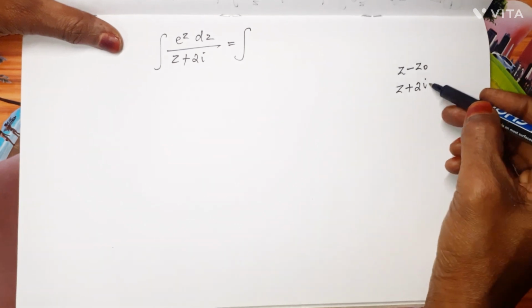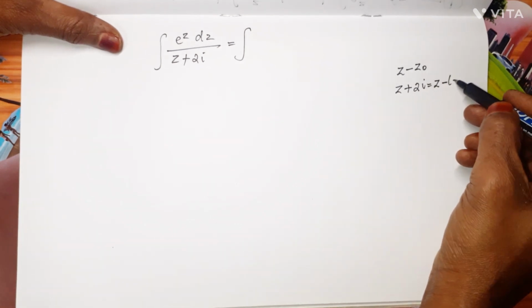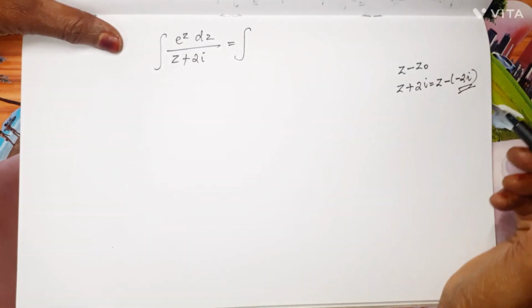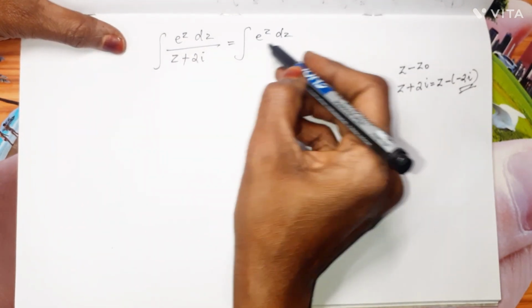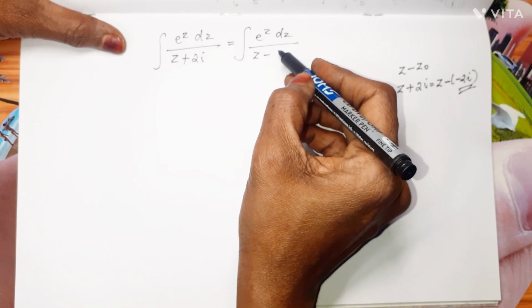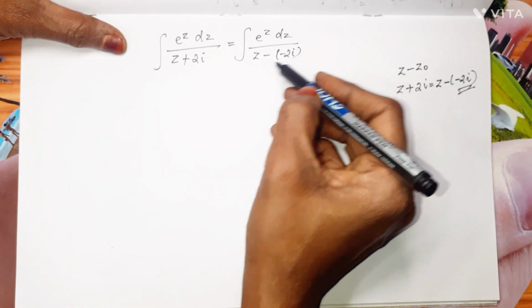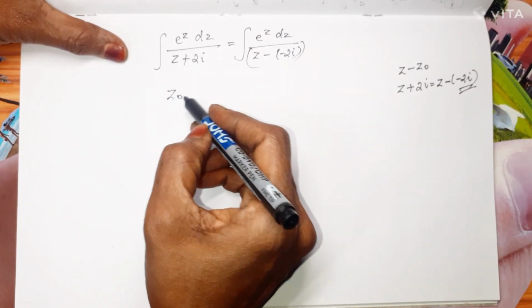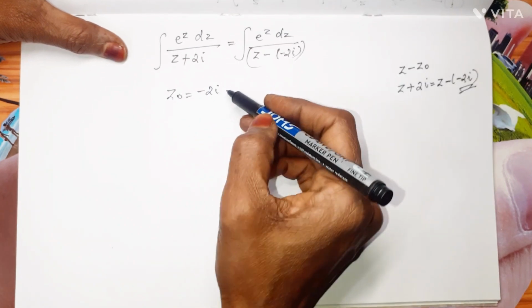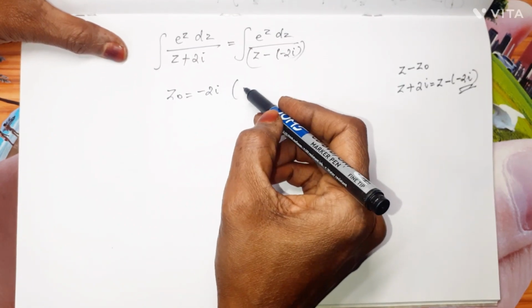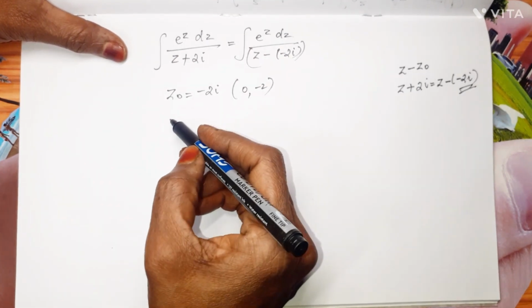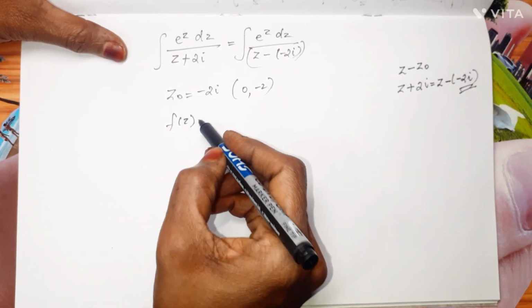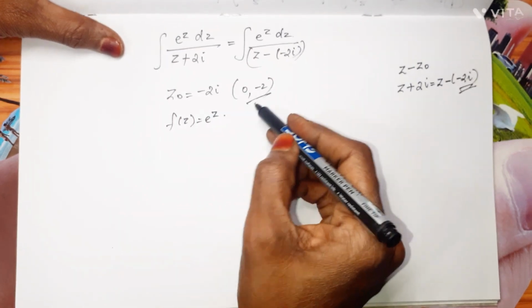So we have to rewrite this as z minus of minus 2i. So here z naught is minus 2i, that is the point here is 0 comma minus 2, right? And f of z is e power z.